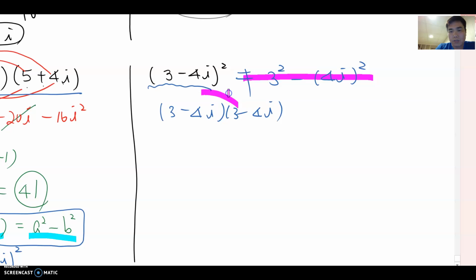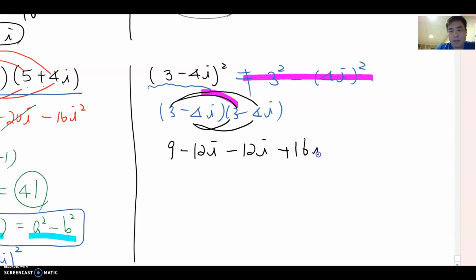Okay, so let's do it. 3 times 3 becomes 9, and 3 times negative 4i becomes negative 12i. Another one, so negative 12i, and then plus 16i squared.